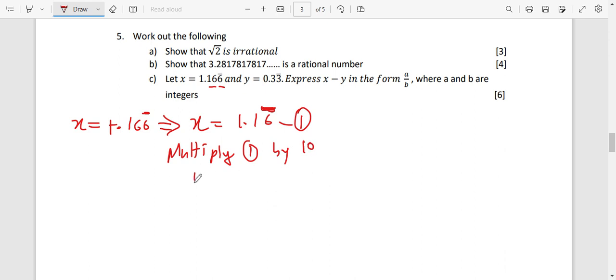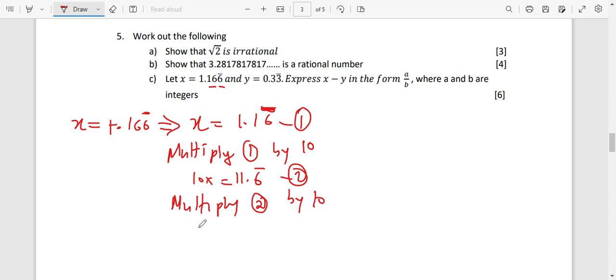Multiply 1 by 10. So that will be 10x is equal to 11.6. And then equation 2 multiplied by what? To move the decimal point behind the bar, by 10. Very good. So 10x times 10, that will be 100x, equal to 116.6.